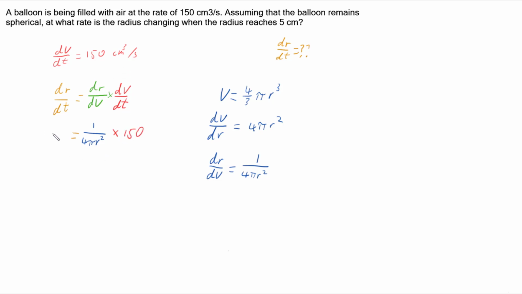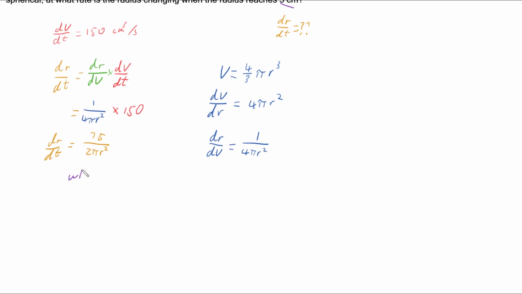So now I have a rule that dr/dt is given to us by 75 over pi r squared. And we want to know what is the value of this, at what rate is this changing when the radius is equal to 5 centimeters. So when r equals 5, what is dr/dt?